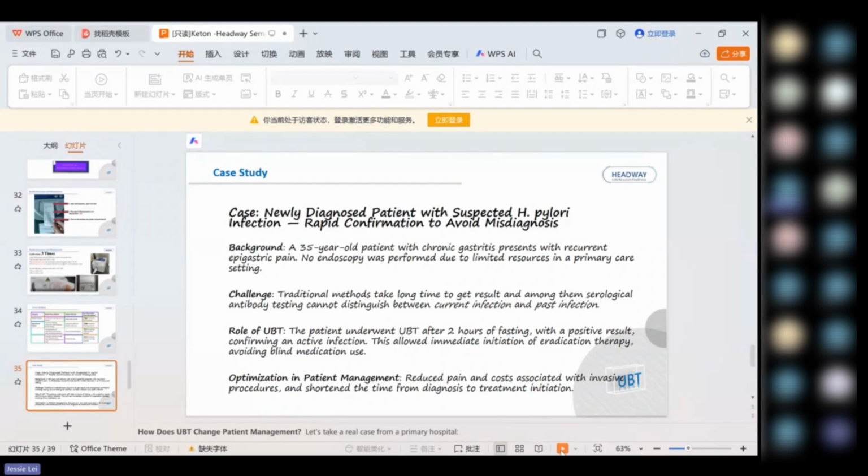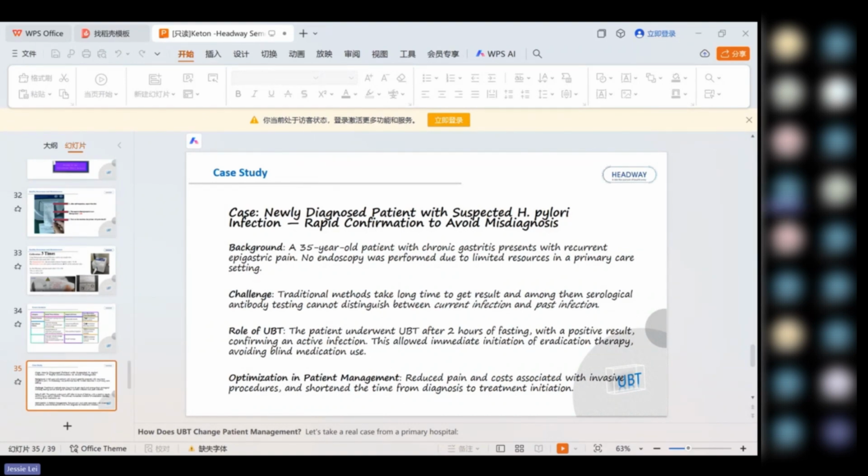So how does the UBT change patient management? Let's take a real case from a primary hospital. A 35-year-old patient with chronic gastritis presents with recurrent pain in the stomach, but no endoscopy can be performed due to the limited resources in a primary care setting.